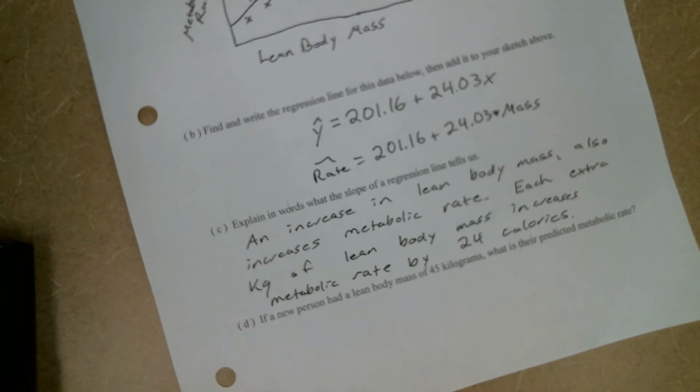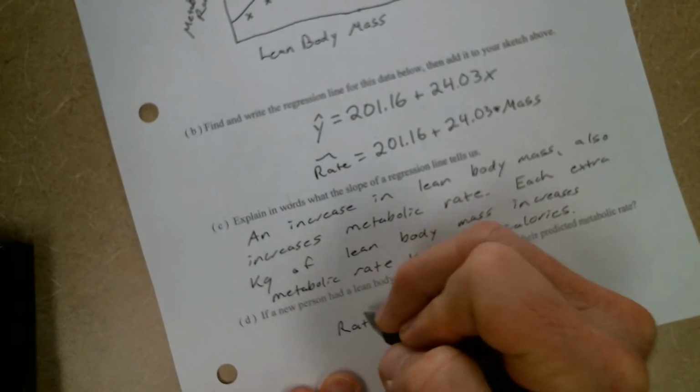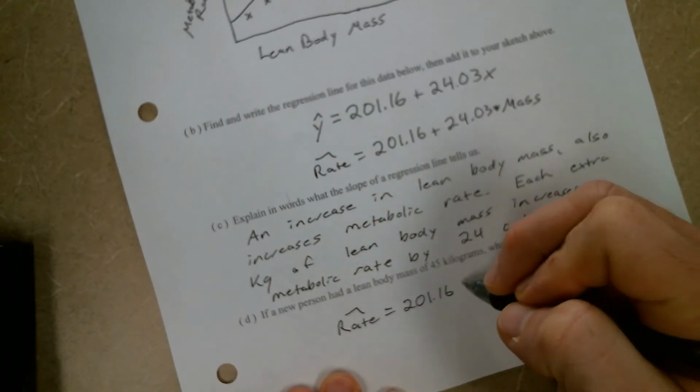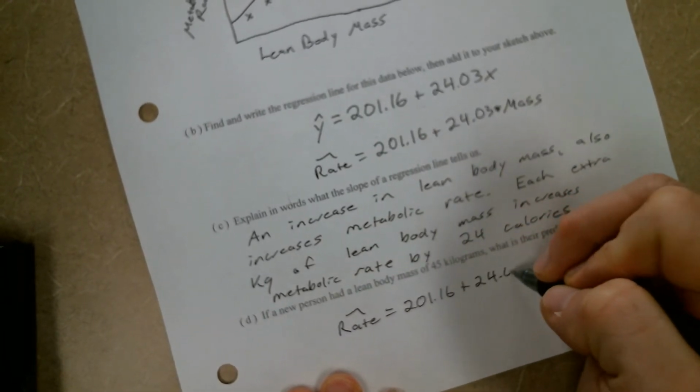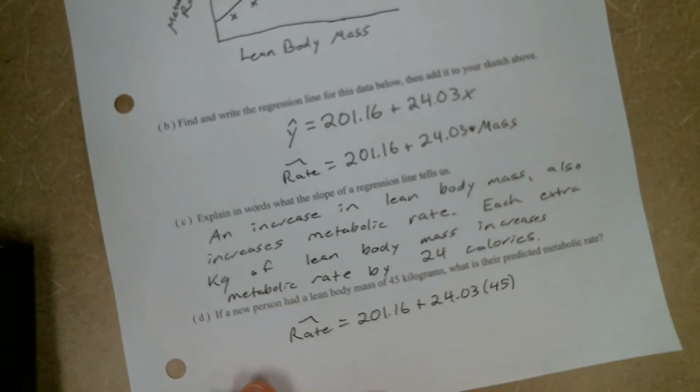If a new person has a lean body mass of 45 kilograms, what is their predicted metabolic rate? These are just plug it into the formula. So predicted rate is going to be 201.16 plus 24.03 times the 45 that we're plugging in.